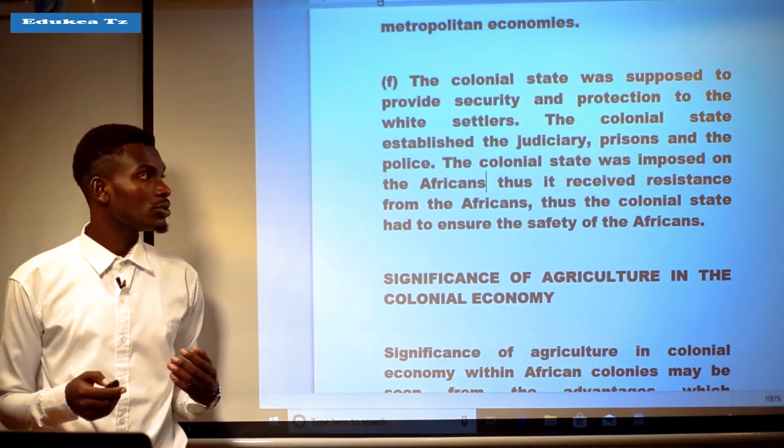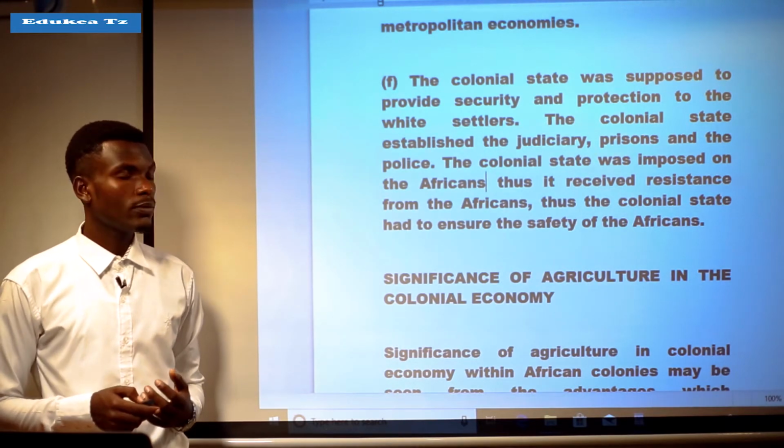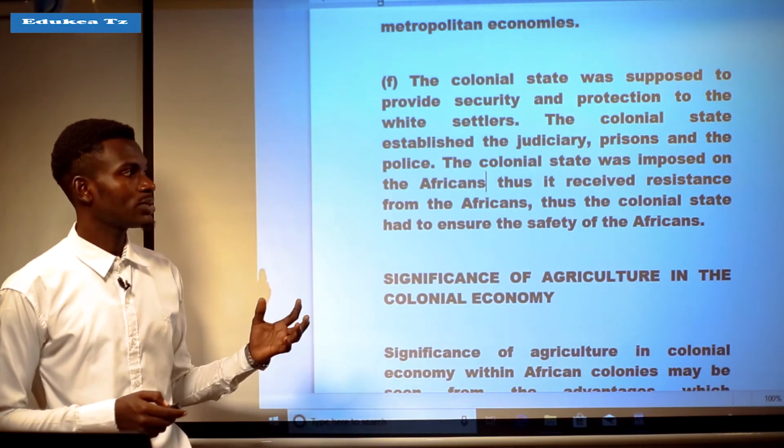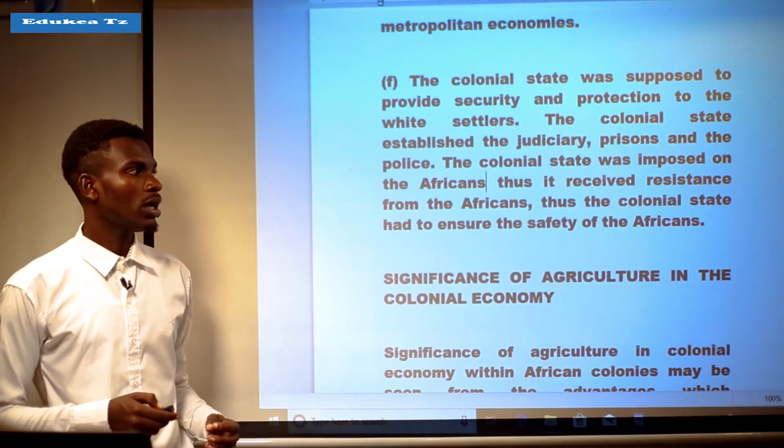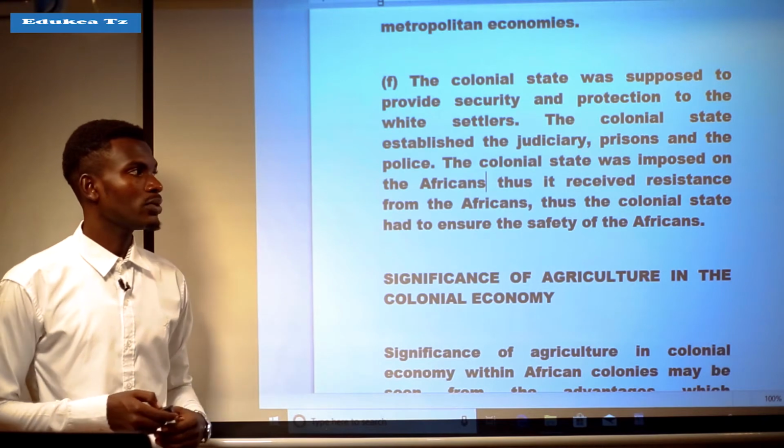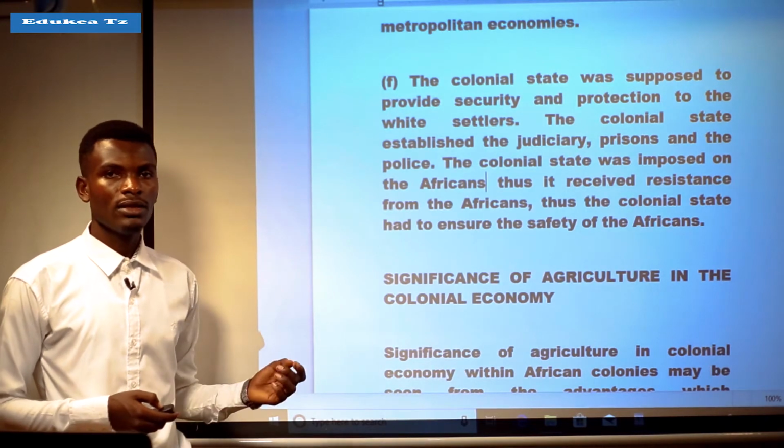It means that the colonial state was imposed in order to face or to suppress the African resistance which occurred in the colonies.